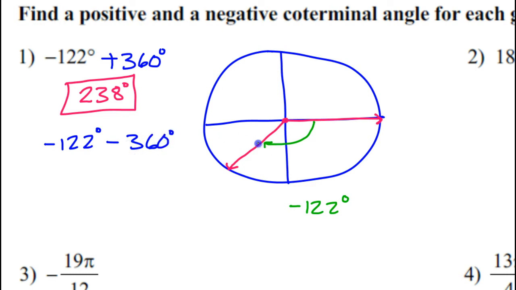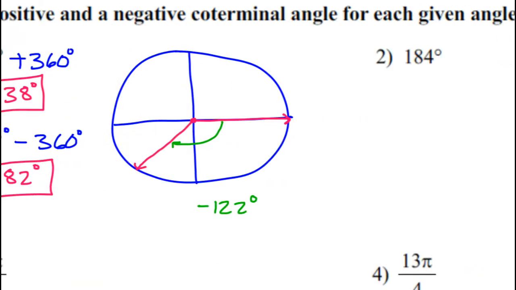That would be the same thing as starting from here and going in the negative direction 360 degrees back to where I started from. That is negative 482 degrees. So bottom line, if you want to find coterminal angles, you can add or subtract 360 degrees.